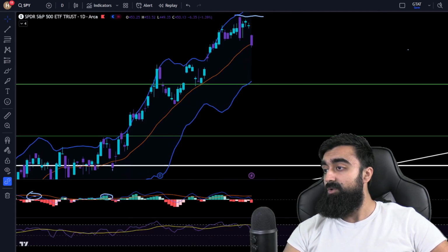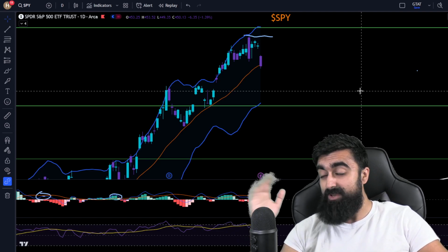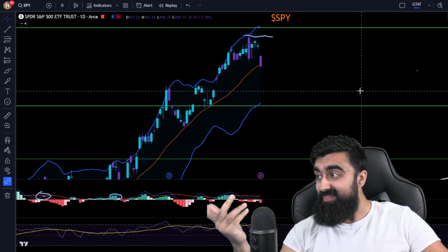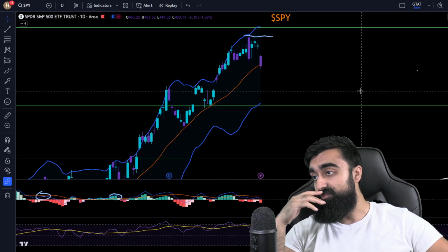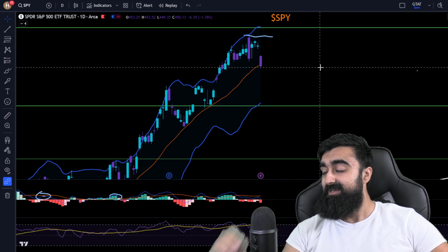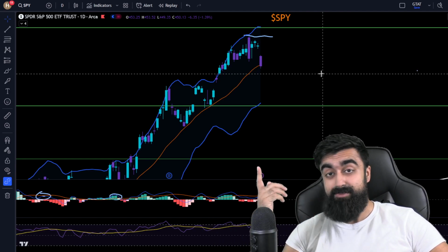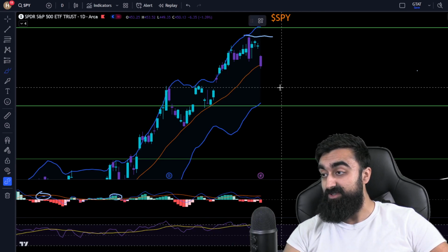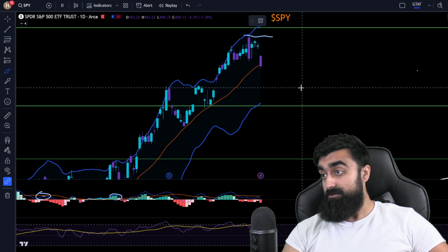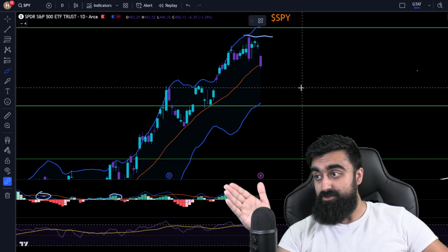All right, what we could do is wait for 447 to break. Then the upside momentum would really be done, in my opinion. That would actually be pretty scary for what would happen to the market. We could start falling down to like 440 in like a week. But regardless, now is not the time to go short.